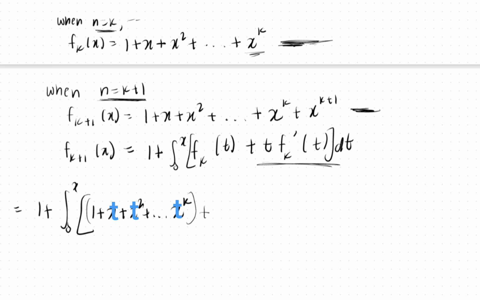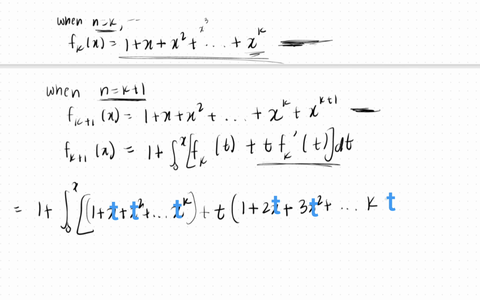Now we also have to introduce this, t times the derivative of f_k(t), which is this whole thing. That would be derivative of 1 is just 0, derivative of t is 1, derivative of t squared is 2t, and then over here there's going to be a t cubed when following the pattern. That's 3t squared plus ... plus k t^{k-1}, and then big brackets close, dt.